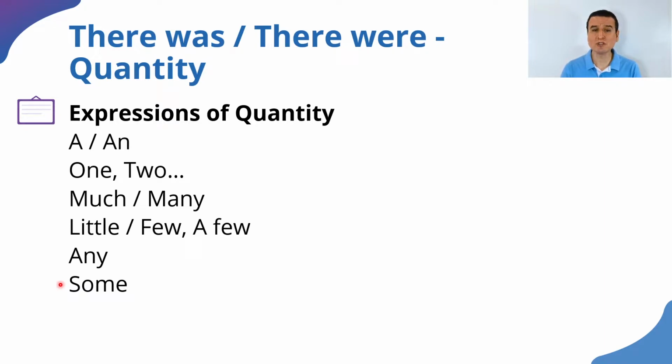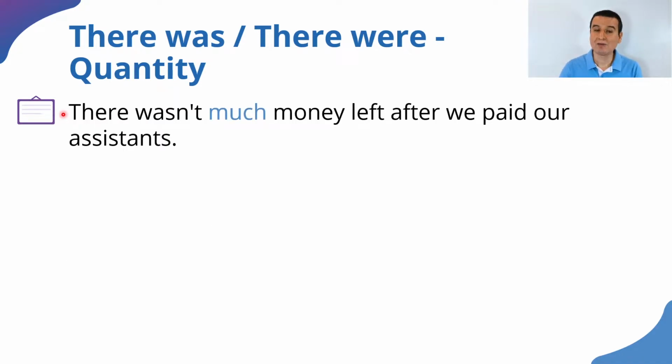So let me show you some examples, because just seeing them isolatedly, it is hard for us to really grasp their meaning. We're not going to practice with a, an or numbers because that is basic, but let me show you the ones that I am interested in you to reinforce their use.